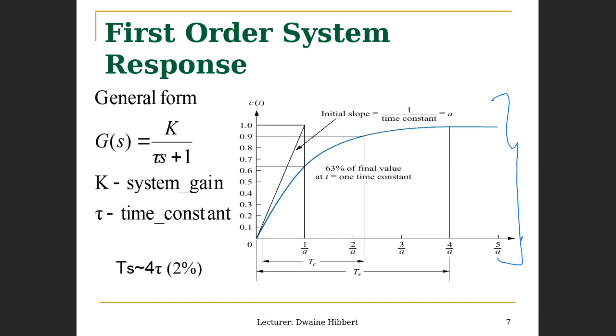I'm going to bring your attention to the general form of a first order system: G of s is equal to K over tau s plus 1, where K is the system gain and tau is the time constant. All first order systems can be written in this form.